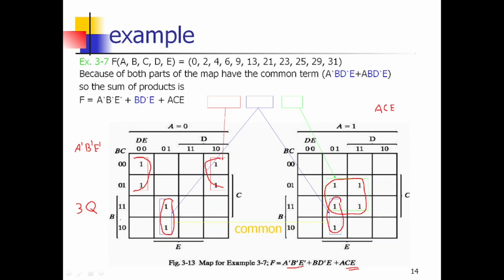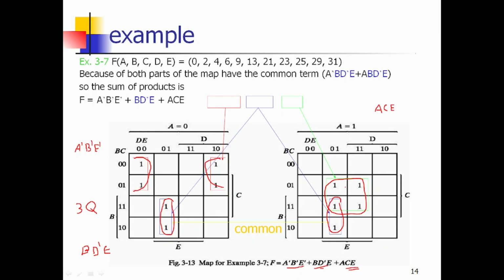The remaining is B. So B we are having in this, and this column is D dash E. The same thing is here, D dash E, right? So for the row variable it is B, and in the column variable it is D dash E. So this is the term we are having, B D dash E.